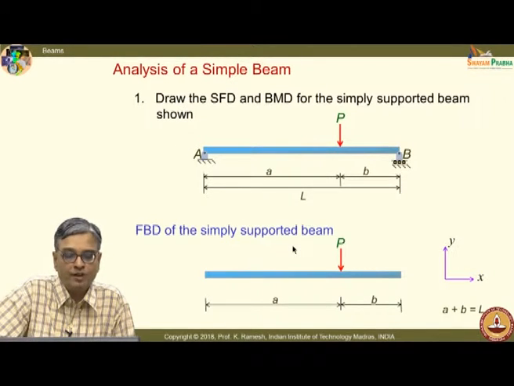So, I denote this by a horizontal component and a vertical component. See, earlier we have put this as a reaction and put it as RAX, RAY and so on. It will be too cumbersome to write like this. I have labeled this as A. So, you can also simply write it as A suffix x and A suffix y.